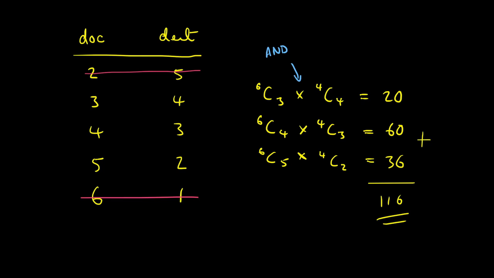So there should be 116 ways of choosing these people.